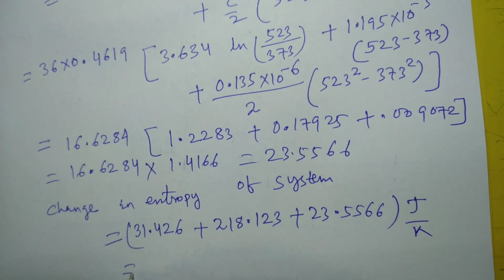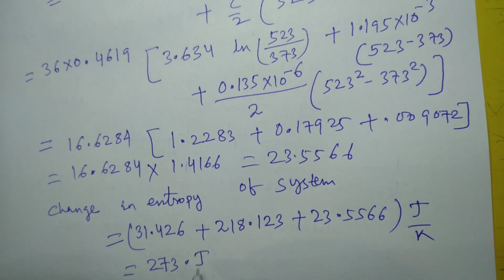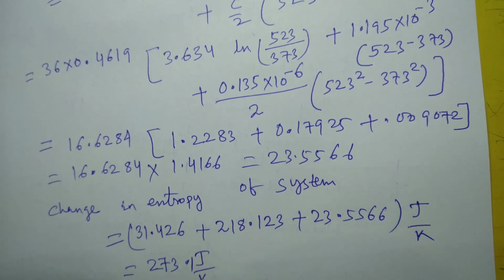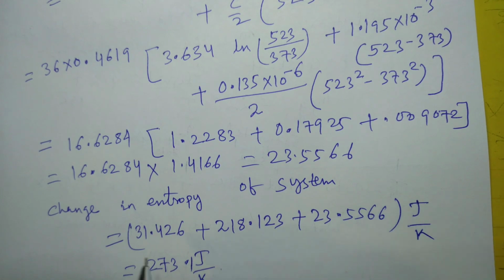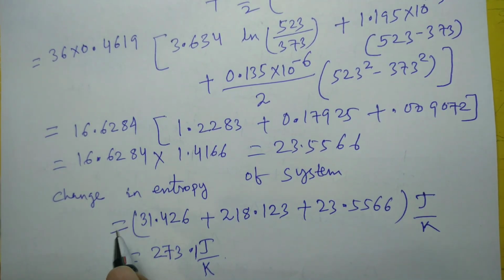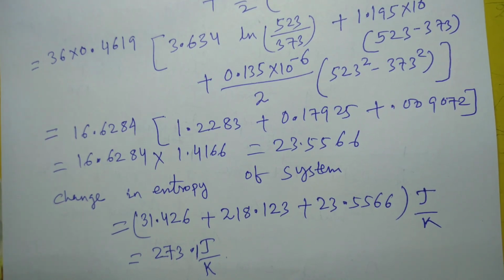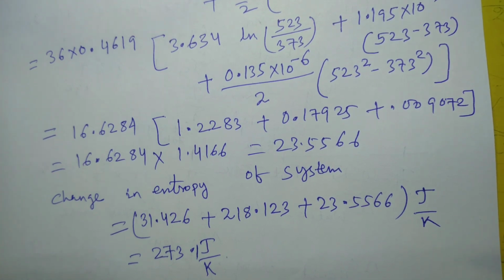So this is equal to 273.1 joule per Kelvin. So this is the change in entropy of water when it is heated from 30 degrees Celsius to 250 degrees Celsius at 1 atmospheric pressure. That is from a subcooled liquid state to superheated gaseous state.